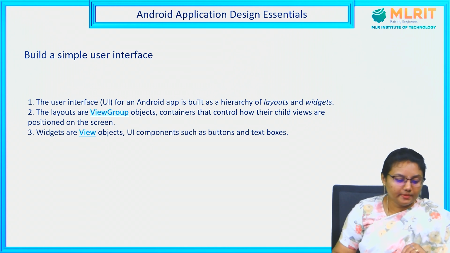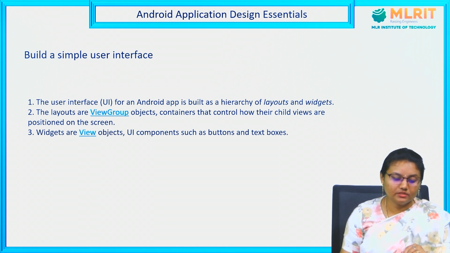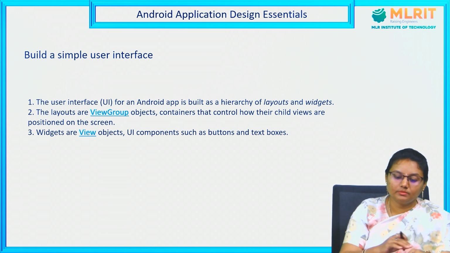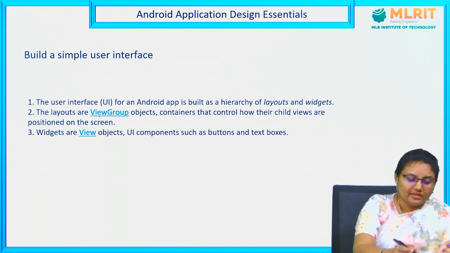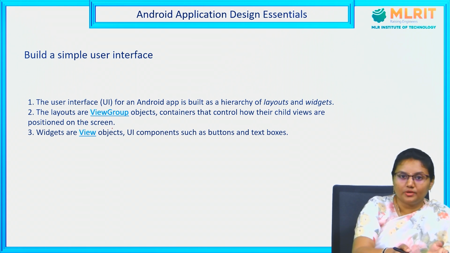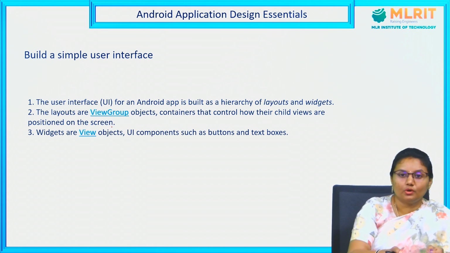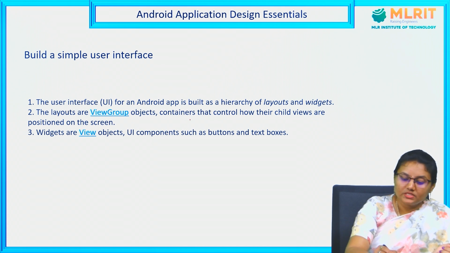Building a simple user interface: the user interface for an Android application is built as a hierarchy of layouts and widgets. Layouts mean we are talking about ViewGroup, and ViewGroup again means view components. ViewGroup objects are containers that control how the child views are positioned on the screen.